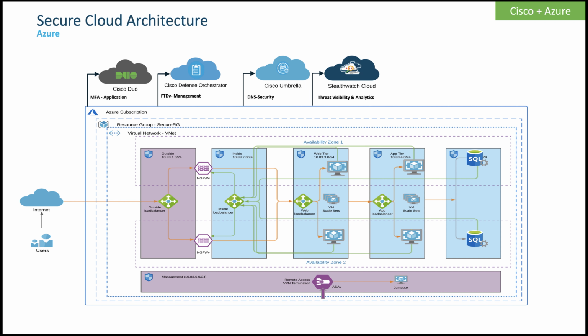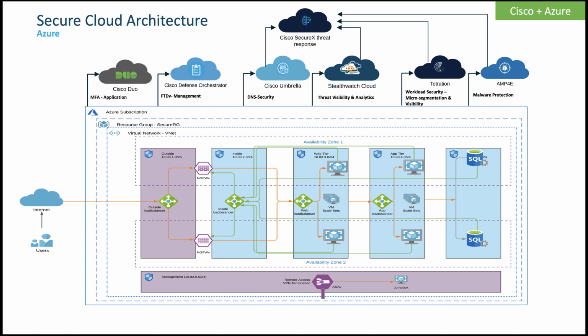StealthWatch is for threat visibility and analytics. And then we have Tetration for workload security, microsegmentation, and visibility. Then we have malware protection using AMP for endpoint. And again, everything is sent to SecureX threat response for threat hunting. You will get detailed information on Cisco SecureX.